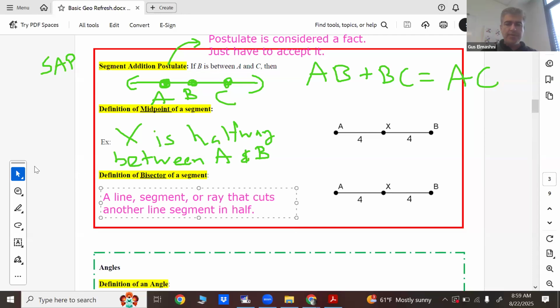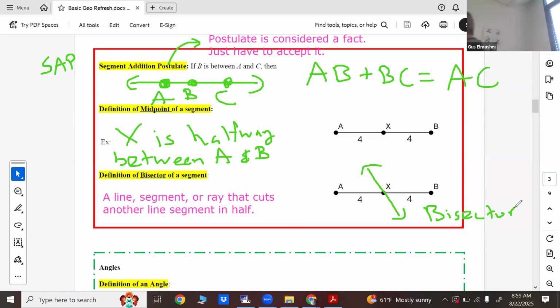So if I drew this, that's called a bisector. Bi means 2, sector means section. You're creating 2 sections in half, 2 equal sections. So that's called a bisector. We'll talk about it often, but bisector is cut. That's all, just cut. Midpoint, point in the middle, right? Middle point, makes sense. Okay, questions?